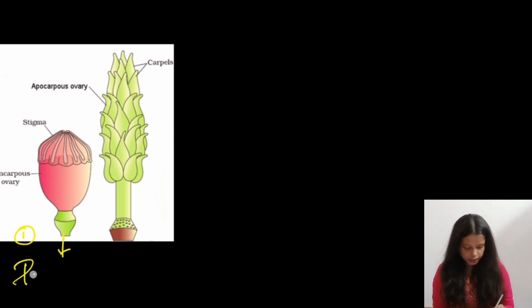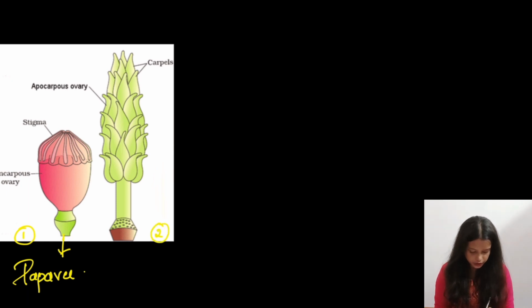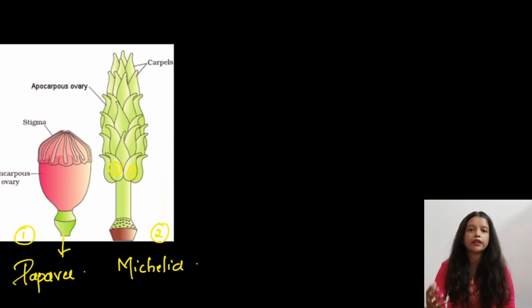And here in diagram number 2, you can see carpels are free. This is one carpel, second carpel. So this is known as apocarpous. Here the example is Michelia. Clear about this? Now you all know where the ovules are located.